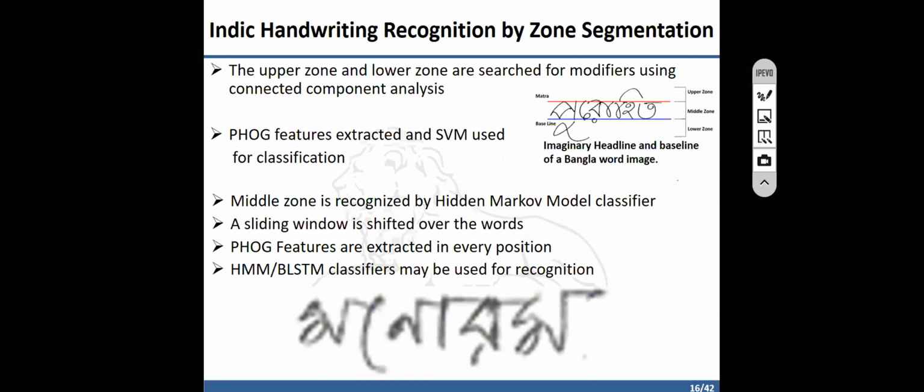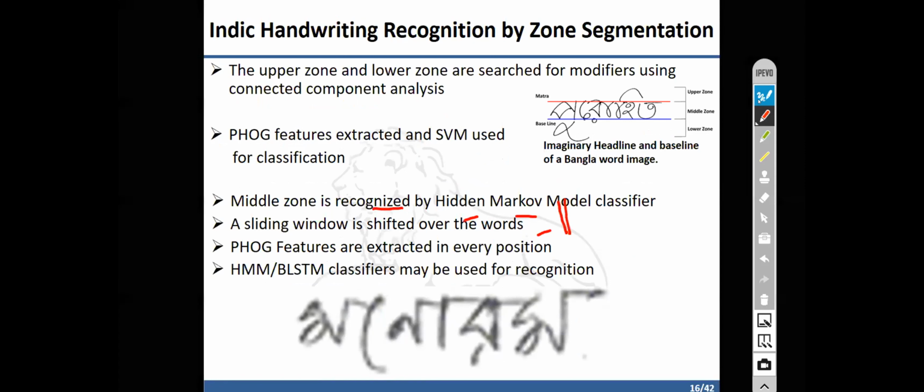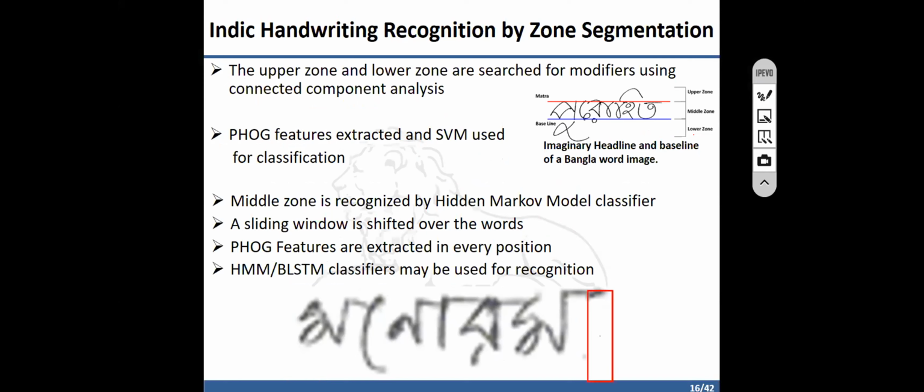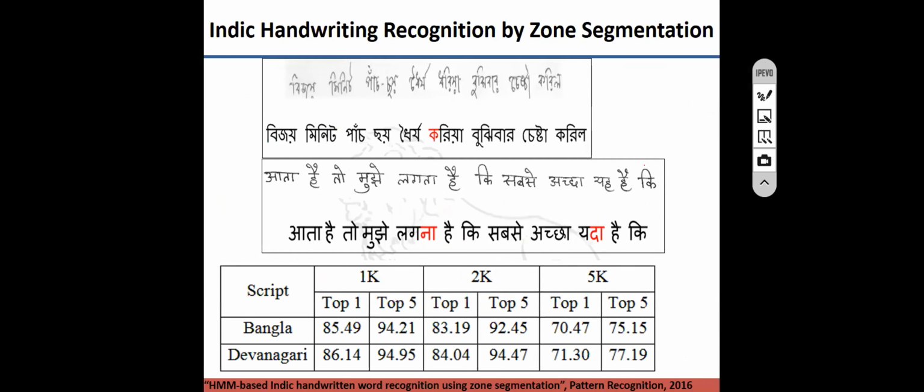People used to develop lots of systems for Indian, Latin text recognition, Chinese, Japanese, all. Now, if you consider handwriting recognition in Indian scripts, there are challenges.